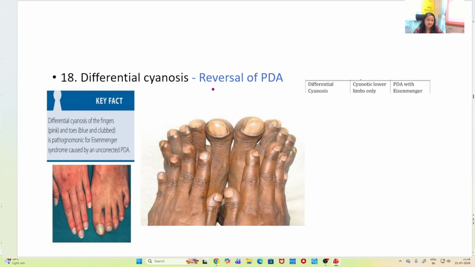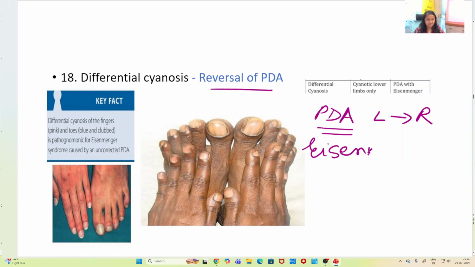Now what happens in reversal of PDA? Initially PDA is a left to right shunt, we all know this. But in long standing untreated patent ductus arteriosus, there are vascular changes in the pulmonary vascular bed of the lungs, and that can cause Eisenmengerization, so Eisenmenger syndrome.